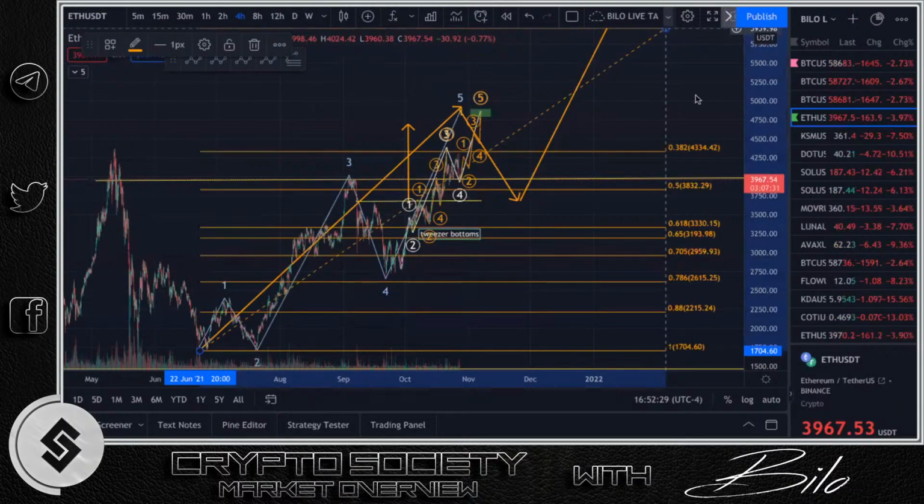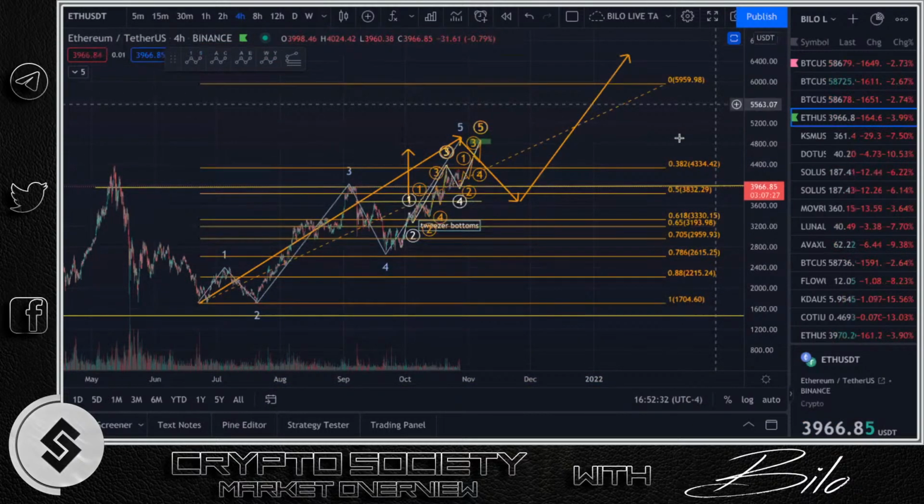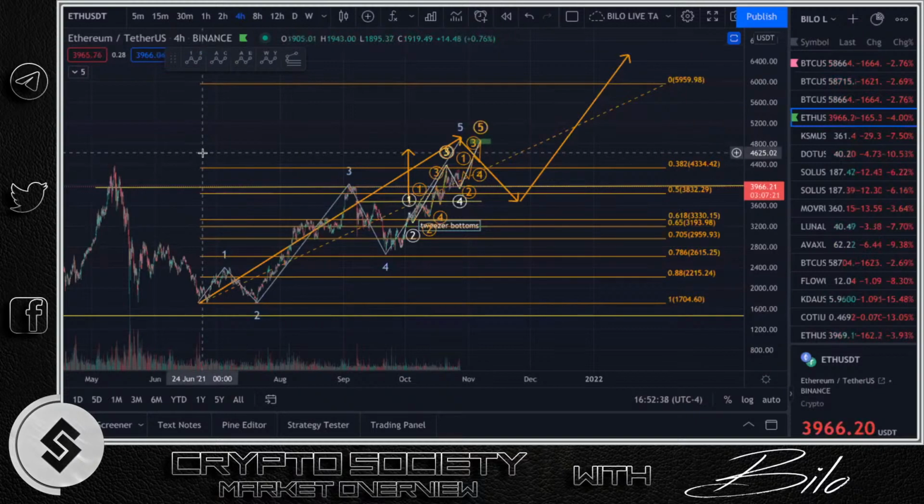Needs to go here, 6,000. Okay. That would need to be an aggressive wave 5. Yeah, it would have to be an aggressive wave 5.